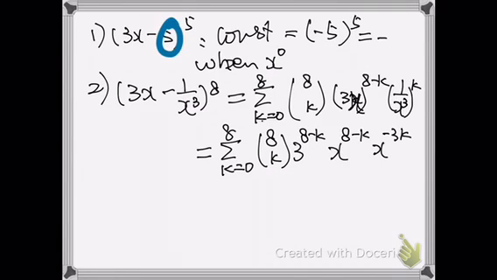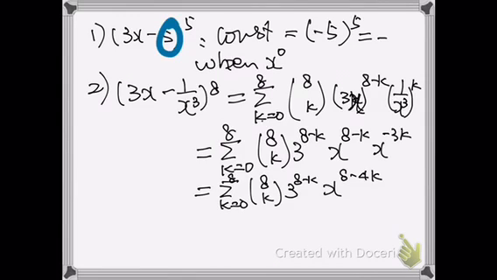Now we can see the term. Sum for k equal to 0 to 8 of 8Ck, 3^(8−k), and we write x to the power of 8 minus 4k.